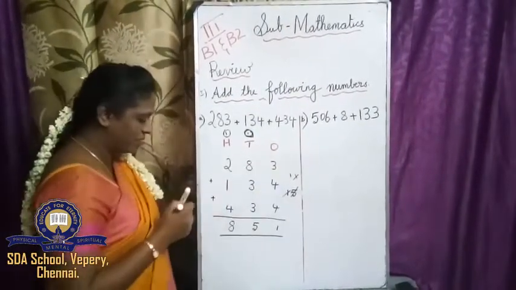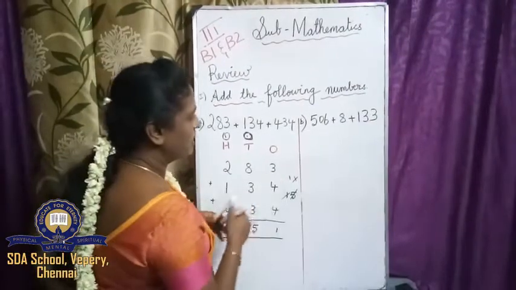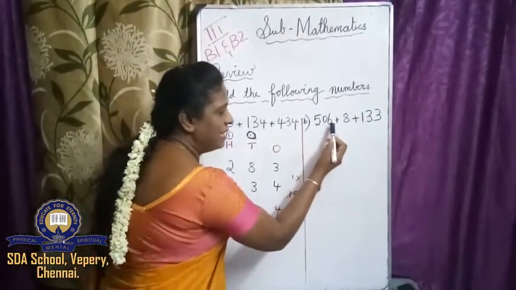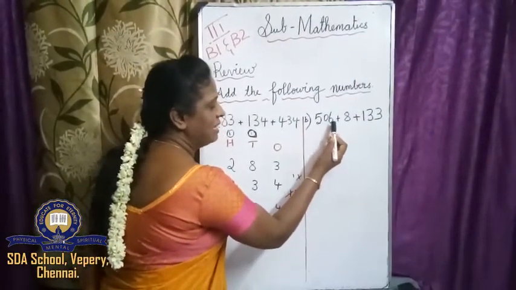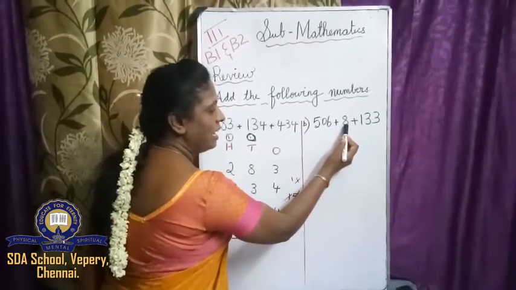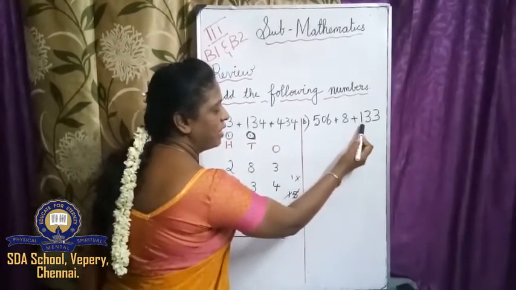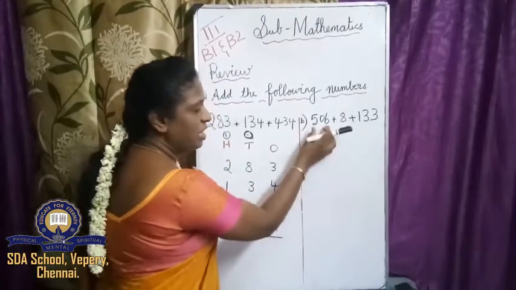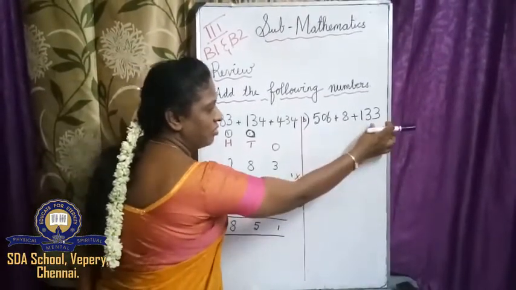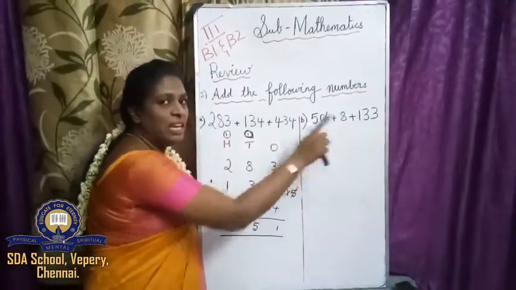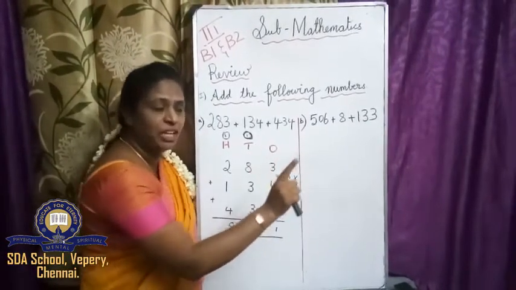Let's see one more sum: 506 plus 8 plus 133. Children, here we have 3 digits, but here you have only 1 digit. You should carefully observe it.